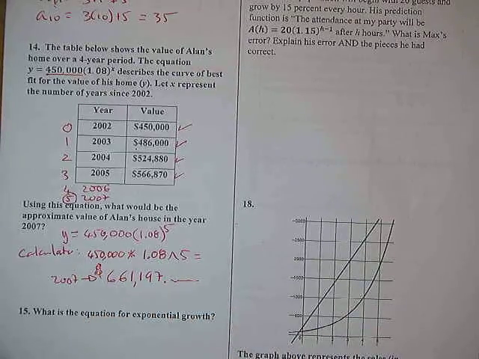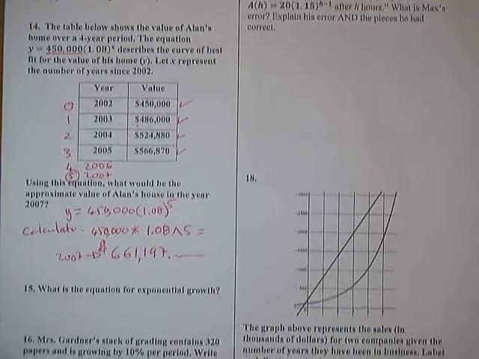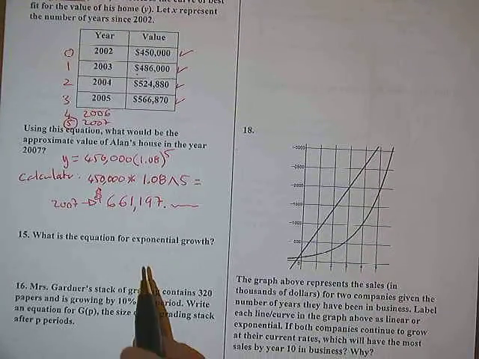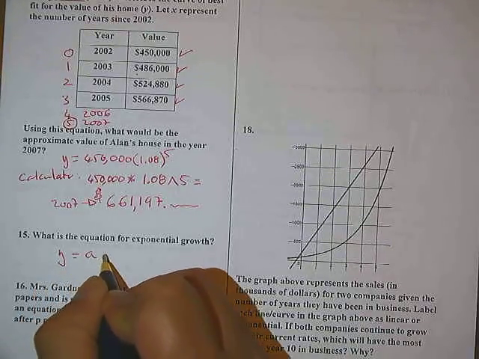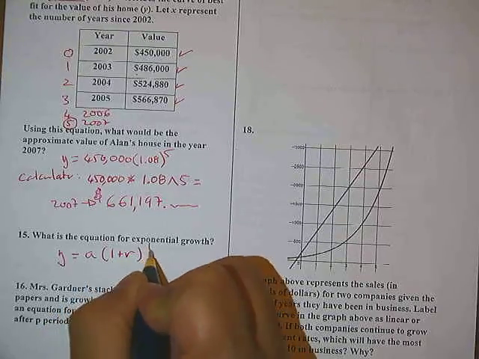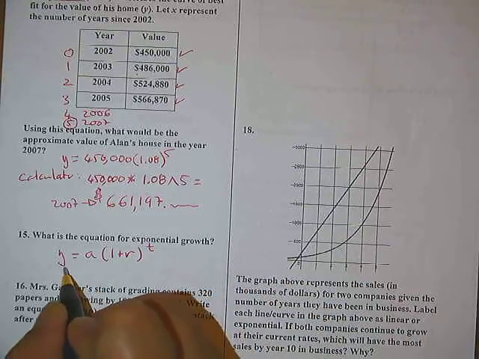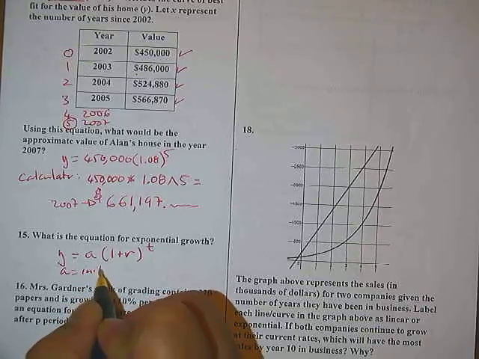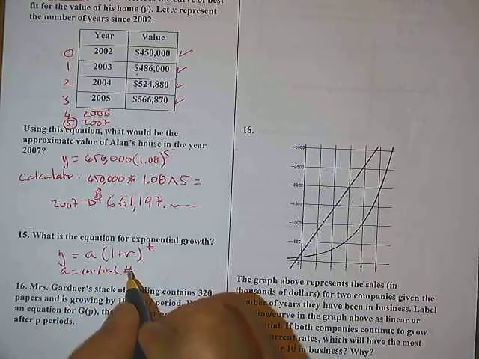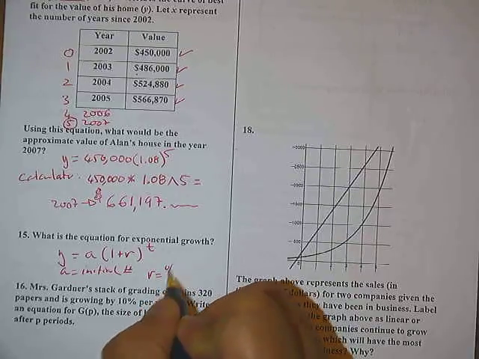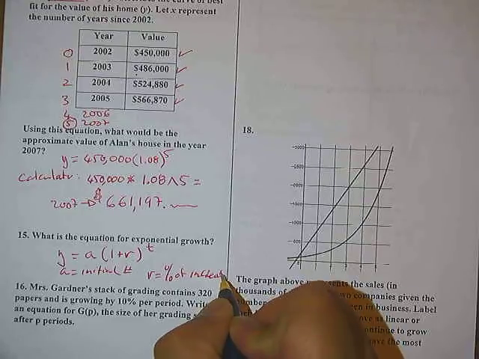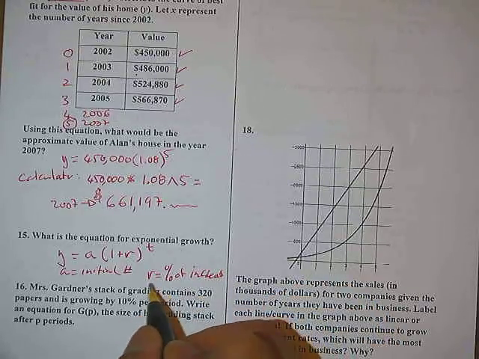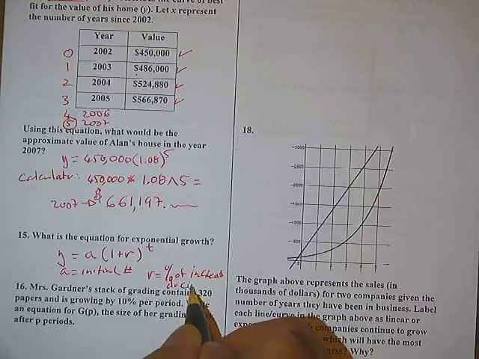So 450 times 1.08 raised to the power of 5, and that's 661,197 point some cents. So in the year 2007, Alan's house is worth $661,197. That's a lot of money.